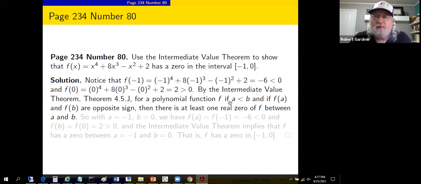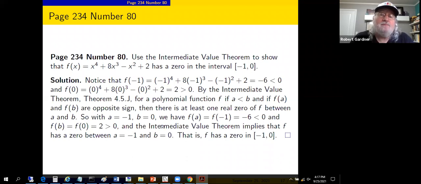Well, the intermediate value theorem tells you somewhere in between a and b, somewhere between -1 and 0, this function has a 0. With a equals -1 and b equals 0, the function must have a 0 somewhere between -1 and 0. It must have passed from negative to positive somewhere in this interval.